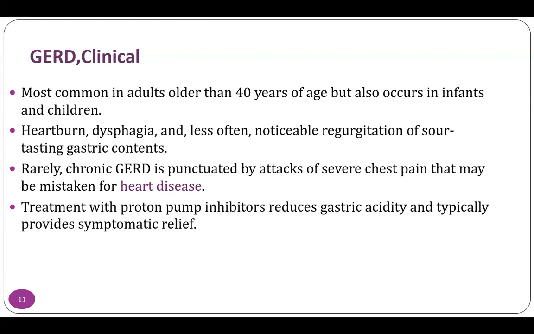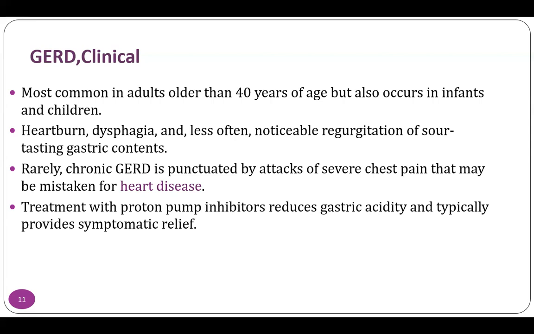So most of the time, GERD or gastroesophageal reflux disease is seen around the age of 40, but it can be seen at other ages. GERD can be interrupted with some acute phases.